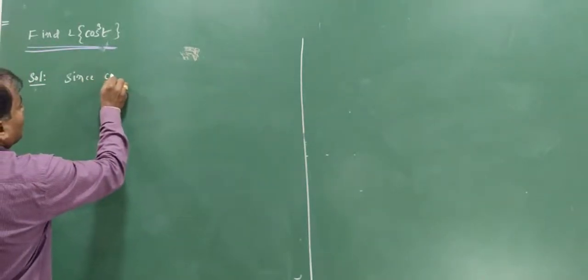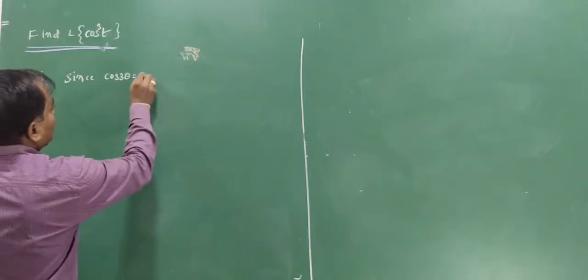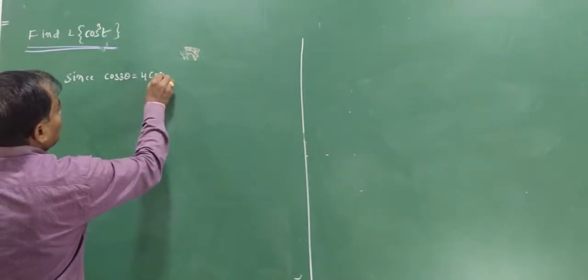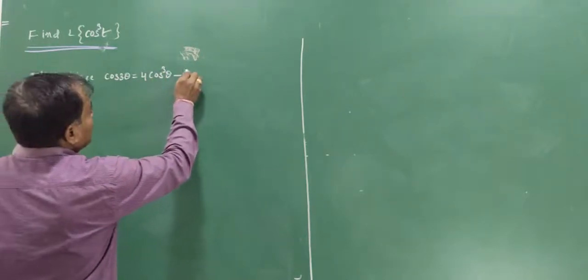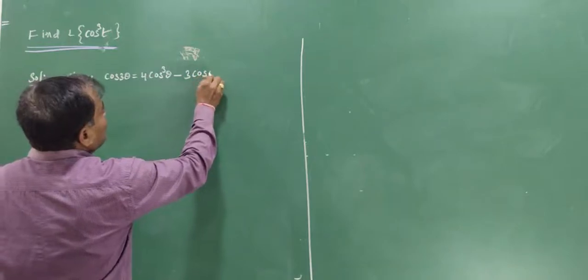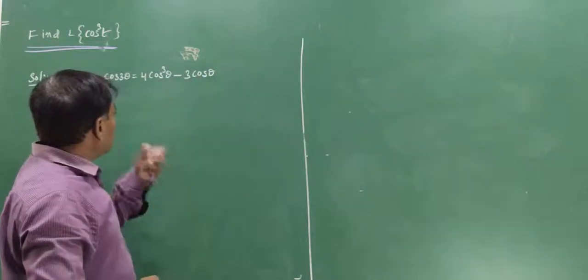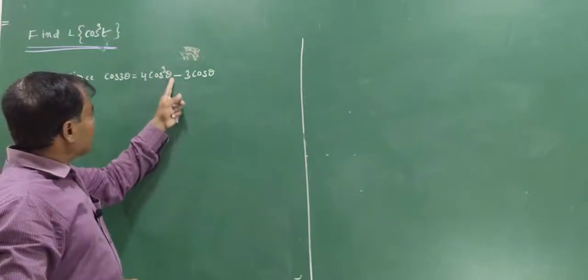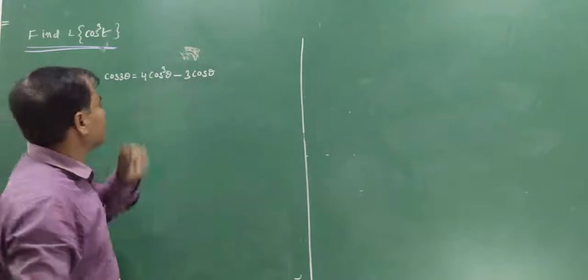Since cos 3 theta equals 4 cos cube theta minus 3 cos theta, we already know this formula. So from this formula, cos cube theta can be expressed in terms of cos 3 theta and cos theta.